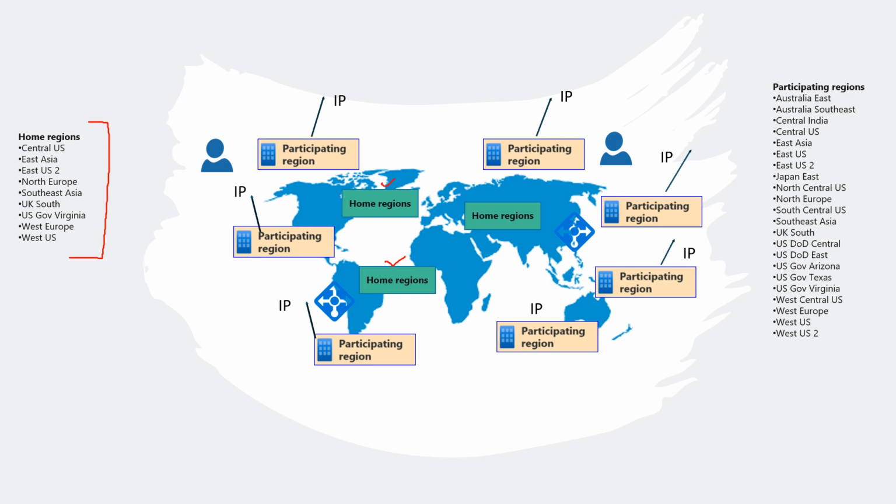These are again going to be many participating regions, and they help users to achieve better proximity. So any traffic which is originated from any user, based on IP Anycast, is going to be the closest participating region where you basically enter into your Microsoft infrastructure, and from there over the backbone you travel to the resources wherever you have deployed.